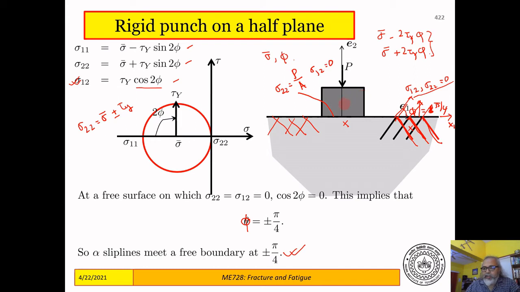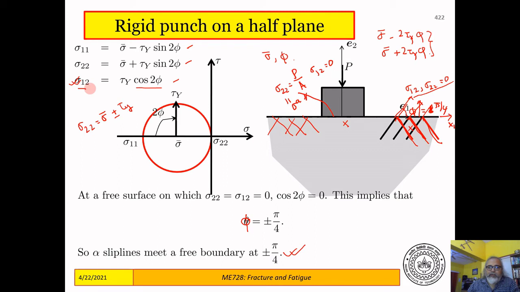If it's a well lubricated punch, there is no force in the x direction, so sigma 1 2 may be taken as equal to 0. Let's say sigma 2 2 is equal to sigma applied, where sigma applied is equal to p by a. Sigma 1 2 is equal to 0.